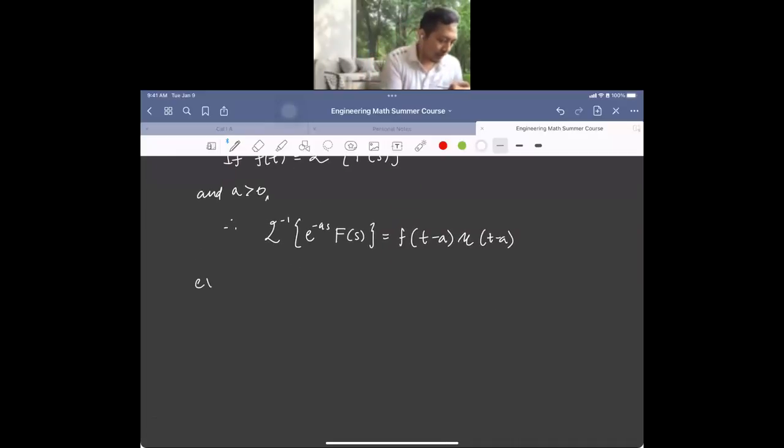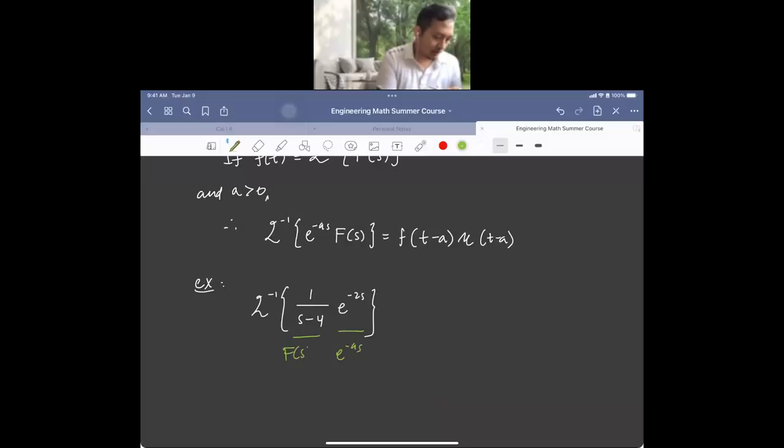So if we take an example, we want the Laplace inverse of 1 over s minus 4 times e to the negative 2s. What happens here is this is e to the negative as, right?